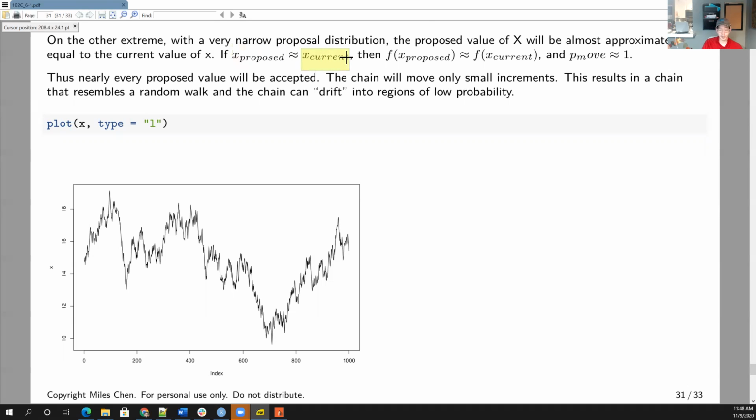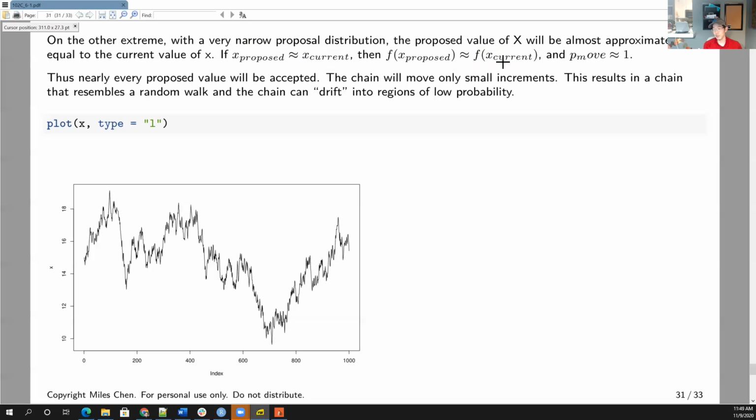And if your proposed value is similar to your current value, then f at the proposed value is going to be similar to f at the current value. f of x proposed is going to be similar to f of x current. And then p move, which is the ratio between f of x proposed and f of x current, is going to be fairly close to 1.